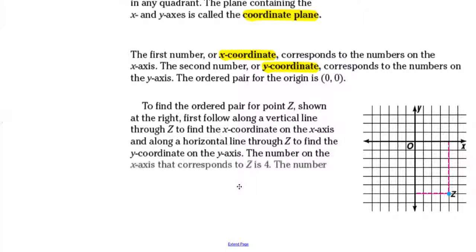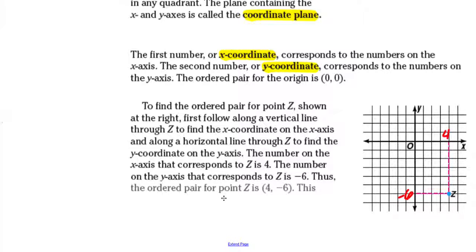The number on the x-axis that corresponds to Z is 4. So this is 4 right here. The number on the y-axis that corresponds to Z is -6. So this is -6 right here. Thus, the ordered pair for point Z is (4, -6).